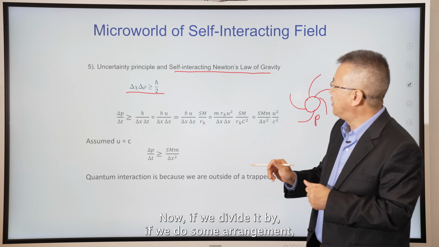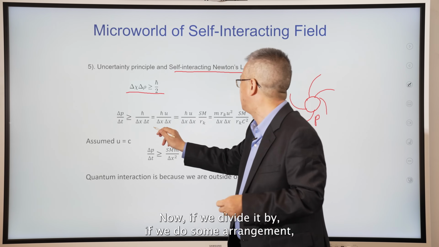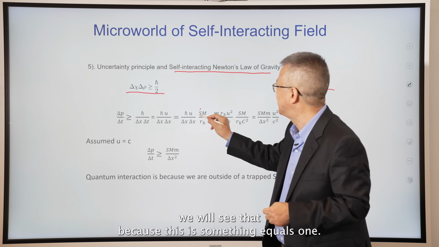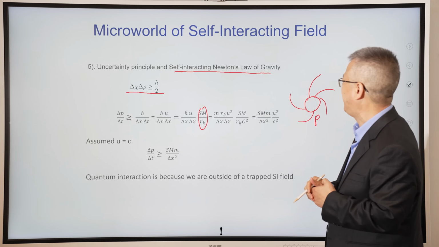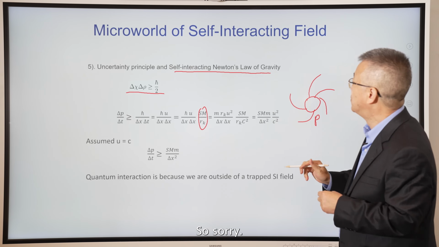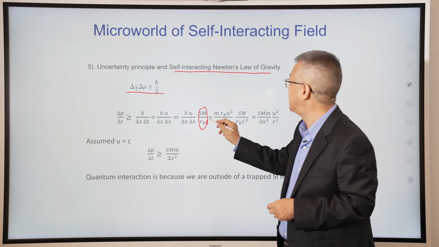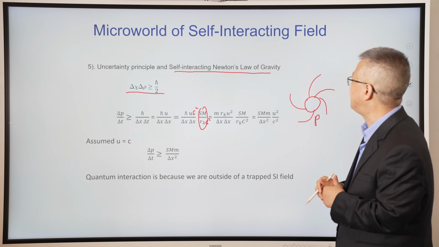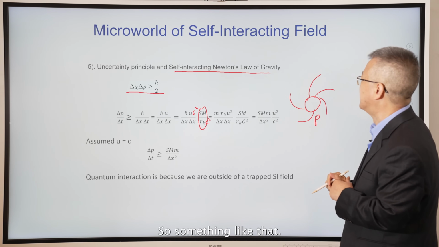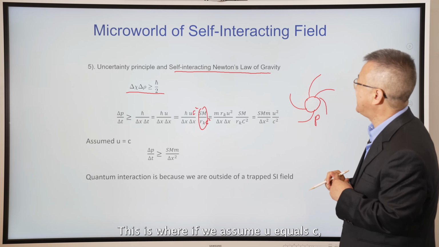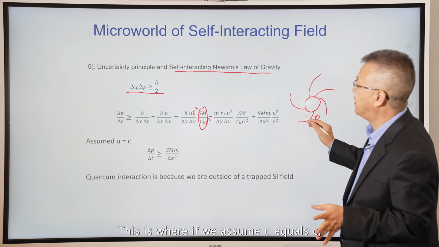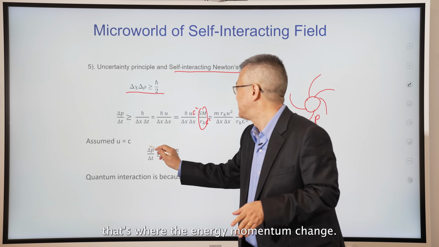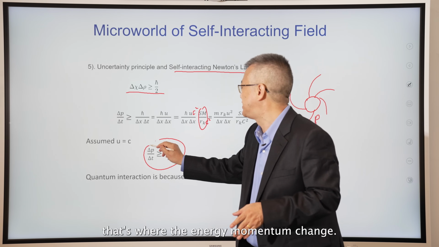Now if we do some arrangement, we will see that because this is something equals 1, sorry, the c squared, we need to times c squared over here. So something like that. If we assume u equals c, that's where the energy momentum change.